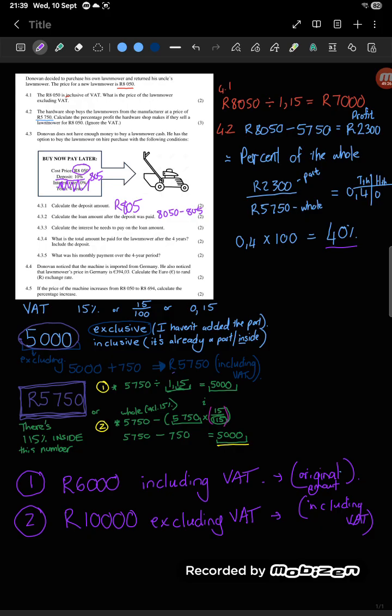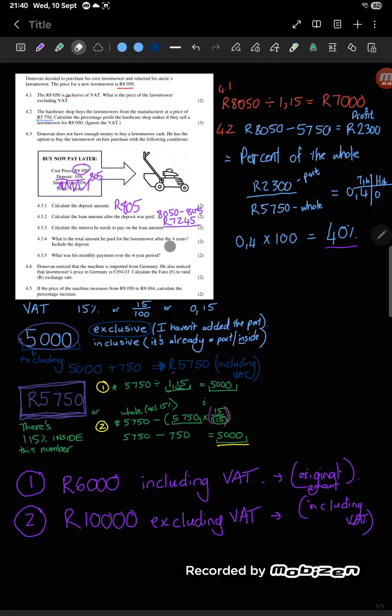And in the long run, he needs to pay in his loan agreement 7,245 Rand. He needs to pay this amount over 4 years. Shame. This guy needs more money. Calculate the interest he needs to pay on the loan amount. Okay, we're going to do that a little bit later.